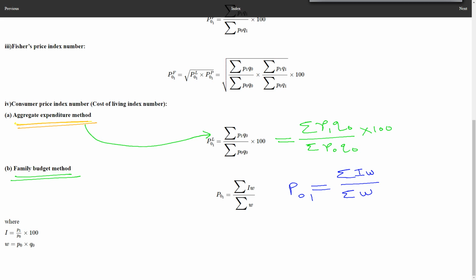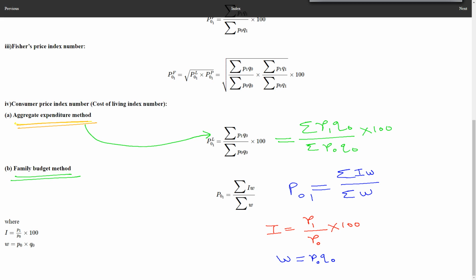I is given by the price of the commodity in current year divided by the price of the commodity in base year, multiplied by 100. So I is equal to P1 upon P0 into 100. W is the weight and it is nothing but the expense on the commodity in base year. It is P0Q0. So W is equal to P0Q0.